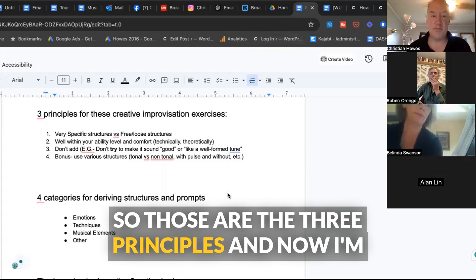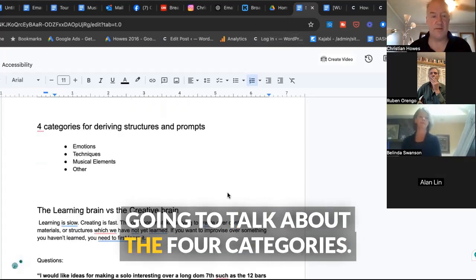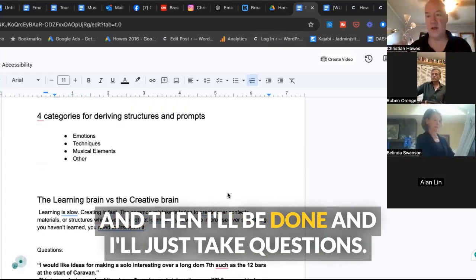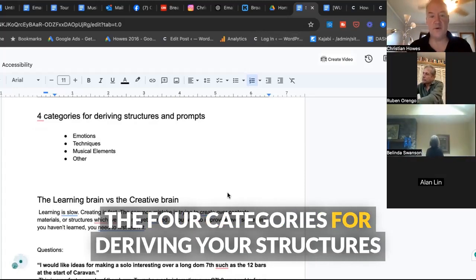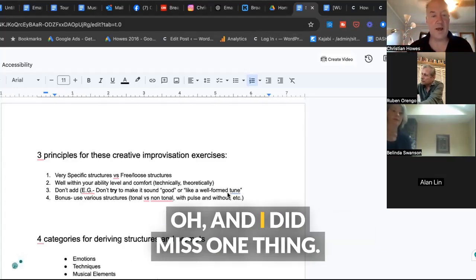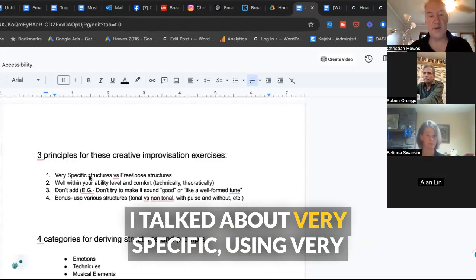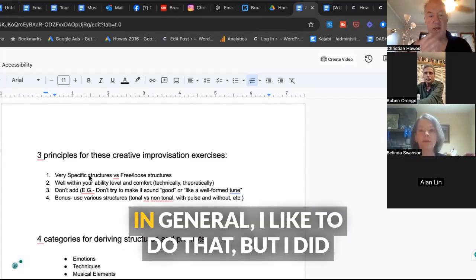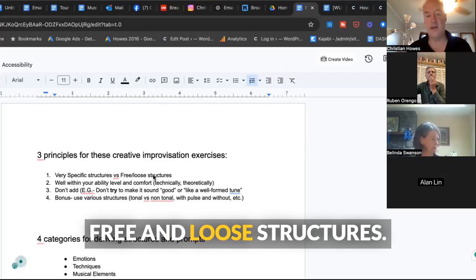So those are the 3 principles. Now I'm going to talk about the 4 categories, and then I'll be done and I'll just take questions. The 4 categories for deriving your structures and prompts are the ones that I use, but you don't have to use them. Oh, and I did miss one thing. I talked about using very specific structures. In general, I like to do that, but that's versus free and loose structures.